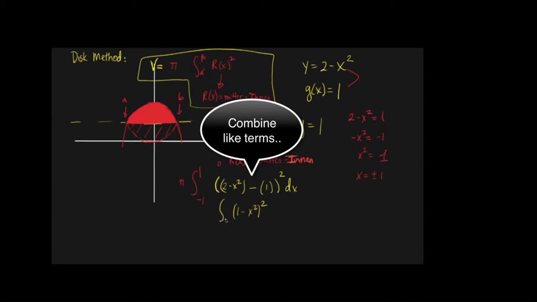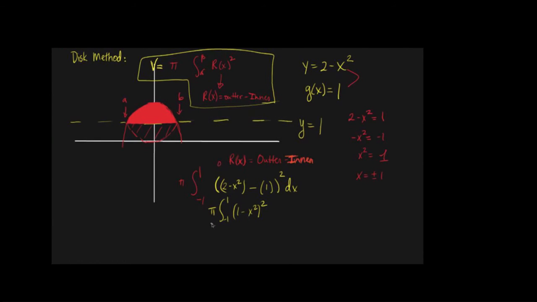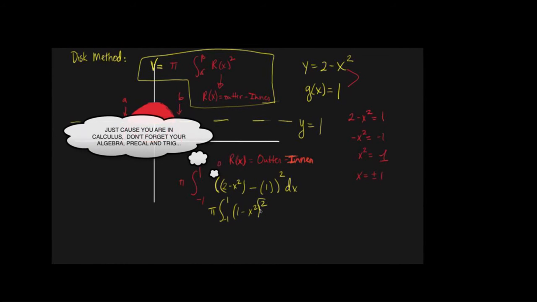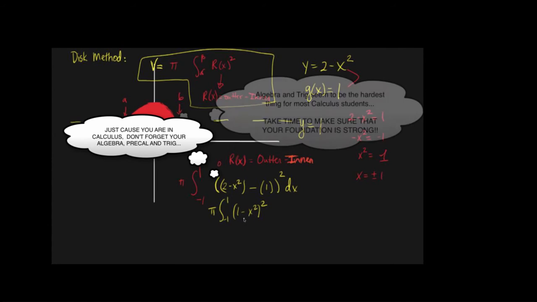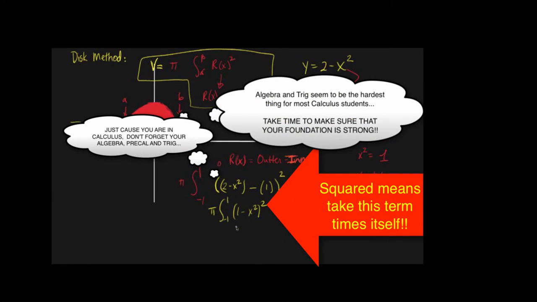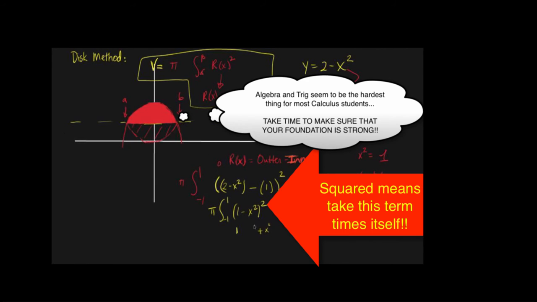How would you integrate this? You can only integrate if there's nothing but pluses and minuses, and there's something besides a plus and a minus. So how can we get rid of that squared? FOIL, or do the box method, or what I do is a shortcut where you square the first term, 1, square the last term, and then do twice the product.